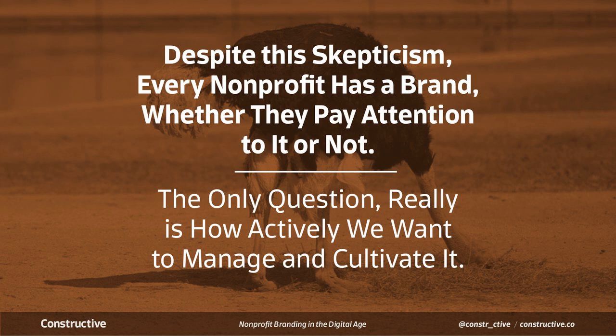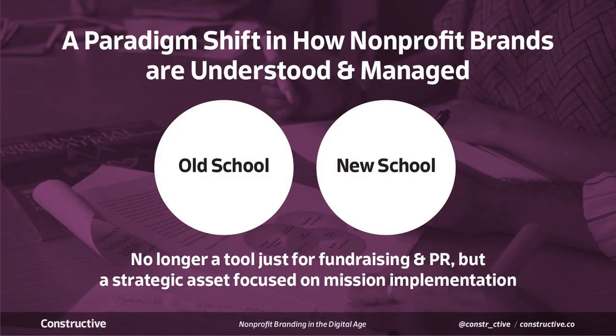There are a lot of different ways to do it now, and the models are fundamentally different than they were even a decade ago. And so this has led over time to a paradigm shift in how nonprofit brands are understood and managed. And I kind of break it down between the new school and the old school.